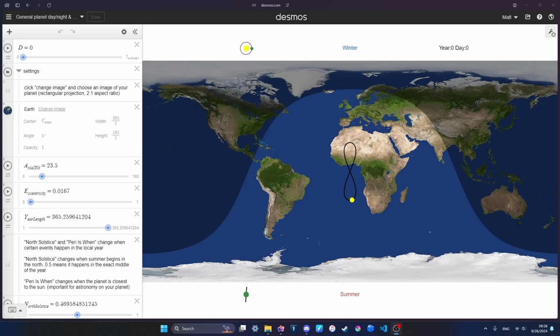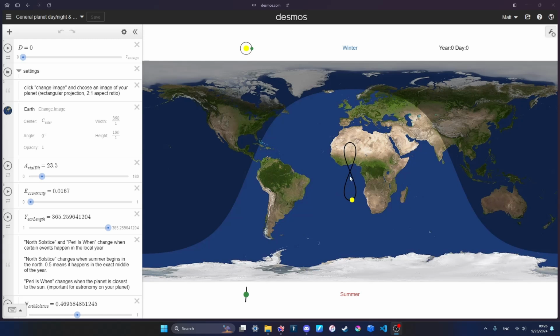First one is axial tilt, the tilt of the planet relative to its orbit around the sun. Why is this important? Well, the analemma goes up and down. As you can see, the sun changes position vertically, north and south. This is caused by the axial tilt.